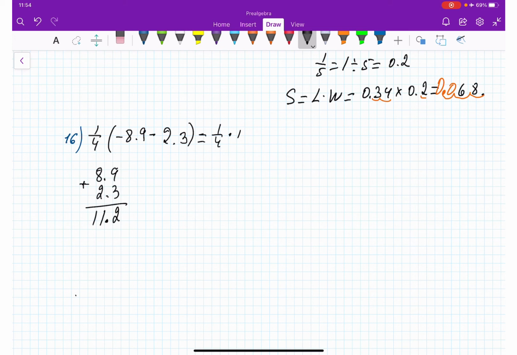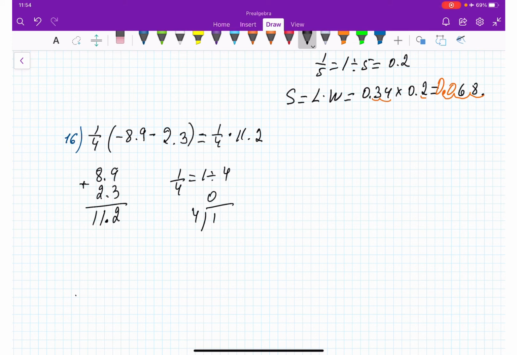All right. Now we have 1/4 times 11.2. I would say it's easier to convert 1/4 into decimals. So 1/4 is equal to 1 divided by 4, right? Let's divide 1 by 4. 1 you can't divide by 4, so it's going to be 0.